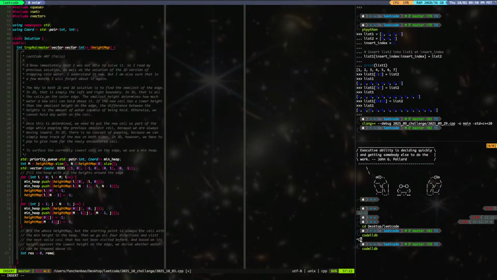Remain shall equal to m times n minus main heap dot size.